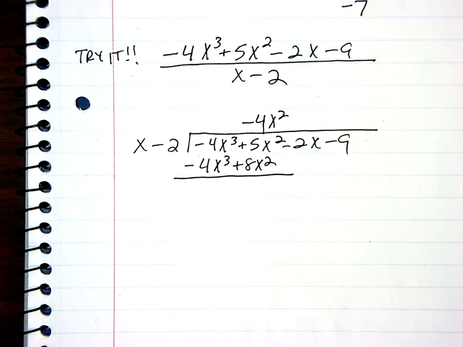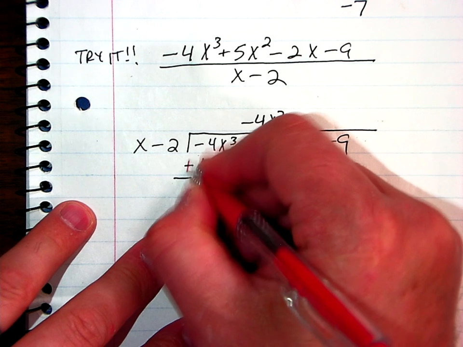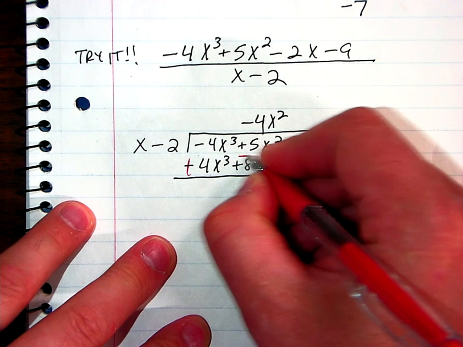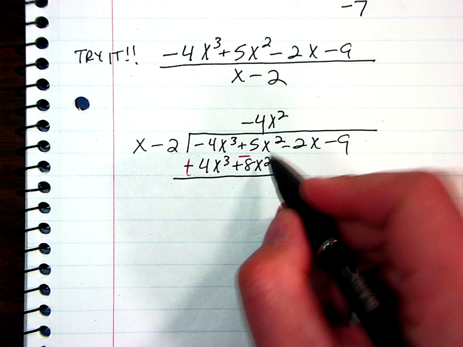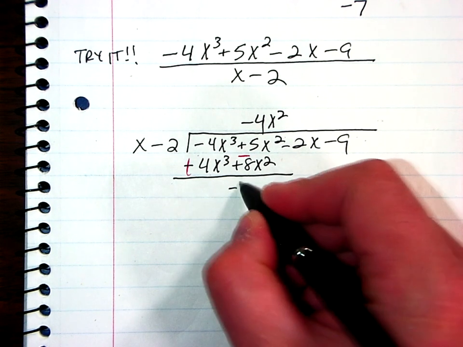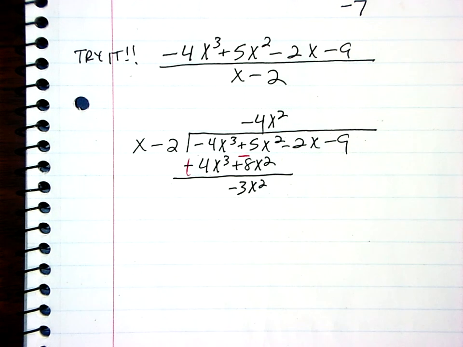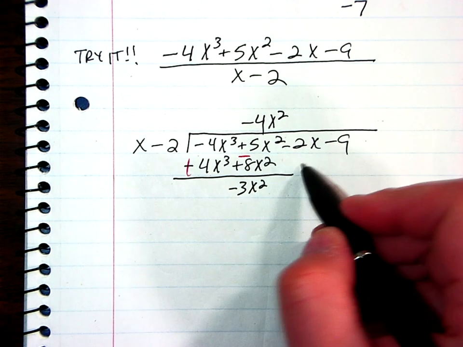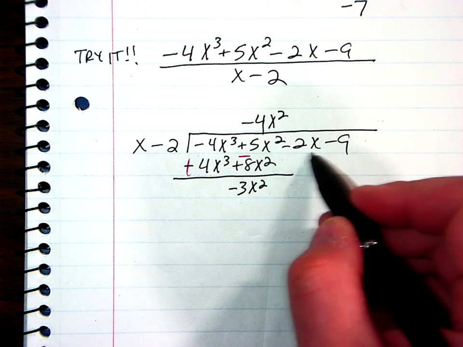Jonna, what do I have to do with both my signs now? Okay, so that becomes positive and that becomes negative. 5x squared minus 8x squared is negative 3x squared. Jonna, what do I do with this negative 2x?